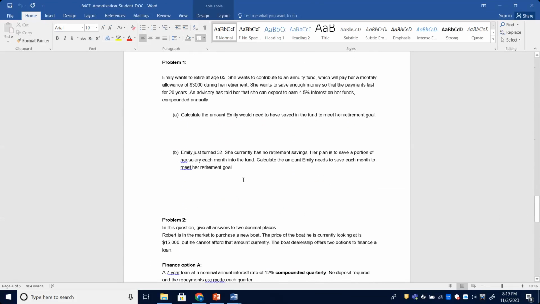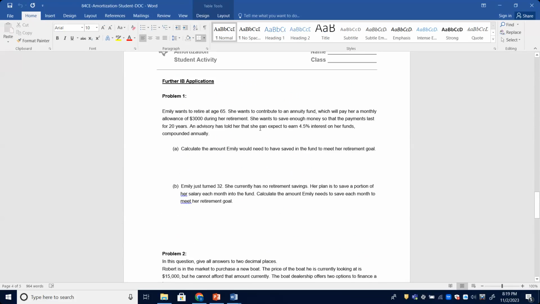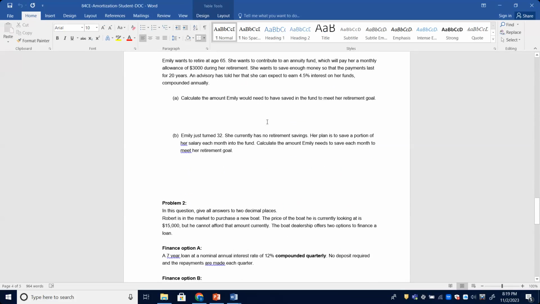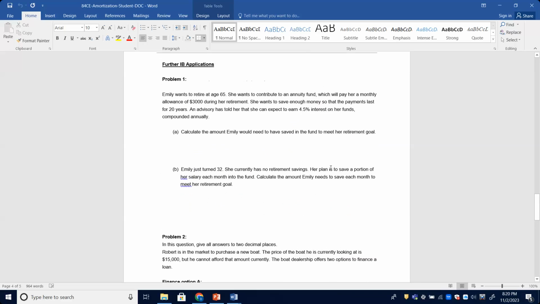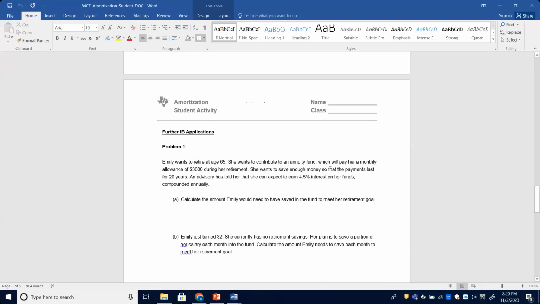This one actually has two of them, under further IB application. I've included one or two more questions that you might see similar to an IB exam. So in addition to the separate IB question, I'm also throwing one or two more into the activity, and the activity tries to build up to that application problem at the end. You're getting a lot for just one activity with respect to IB style situations.